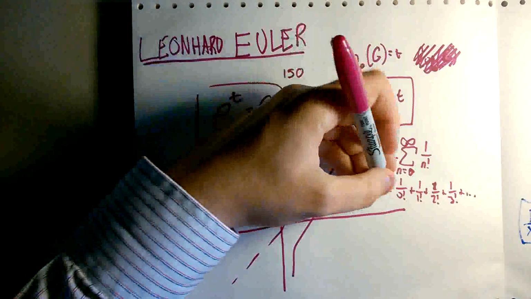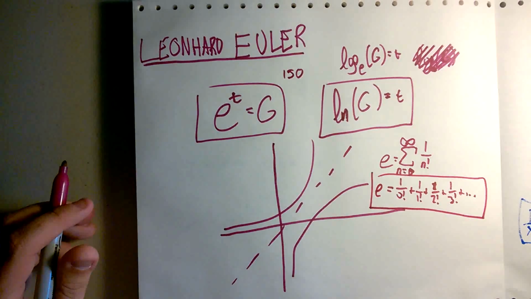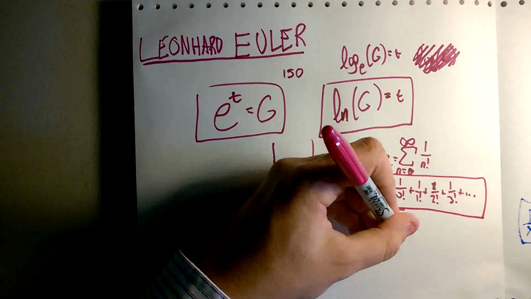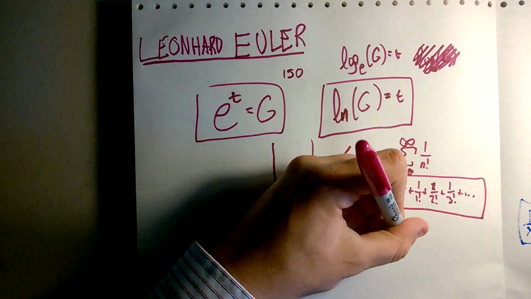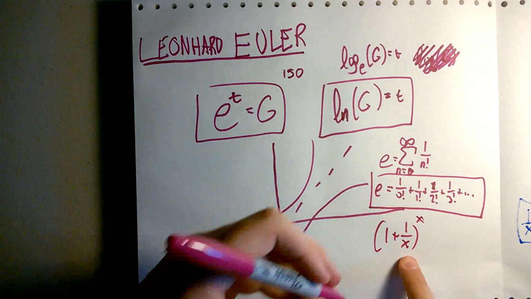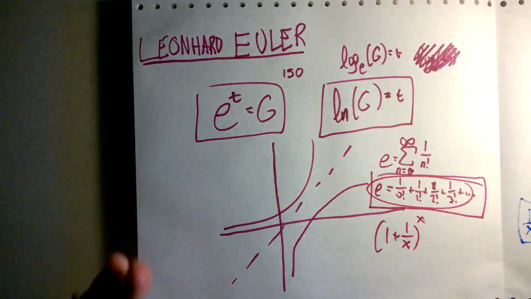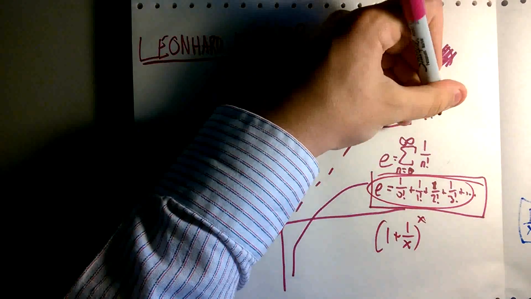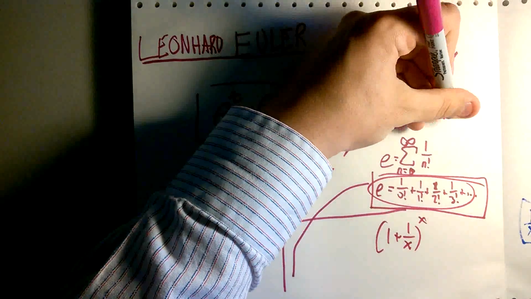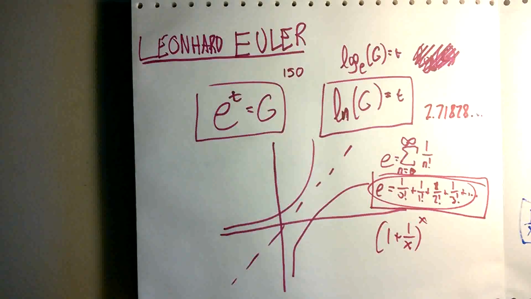If you did that to infinity, that is actually equal to e. In fact, it gets to e faster than the other way found, 1 plus 1 over x to the x power. This goes to e slower than this does. You only need a few terms of this for it to get close to 2.71828, which is neat.